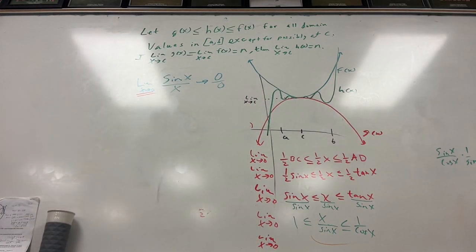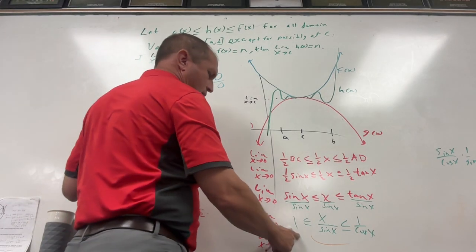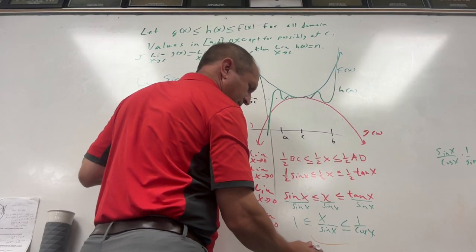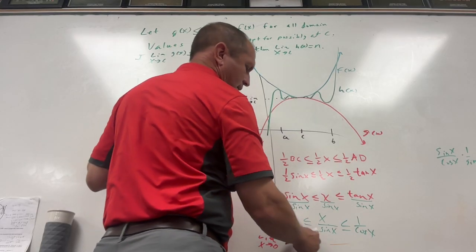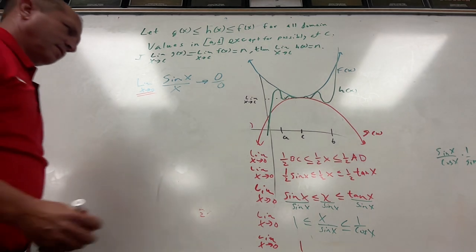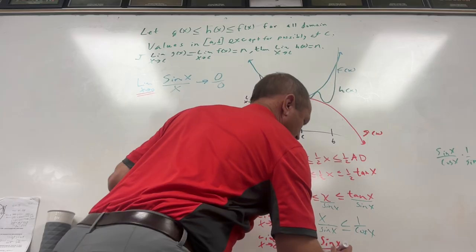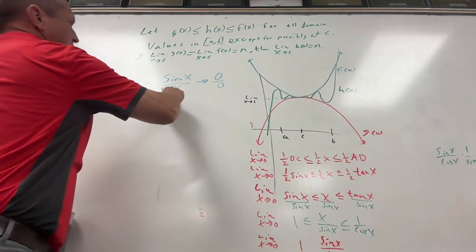Now, let's take the reciprocal of each one of these terms. What is the reciprocal of 1? 1. All right. What is the reciprocal of x over sine of x? Sine of x over x. Uh-oh, does that look familiar to you? That's what we're looking at right here, right?